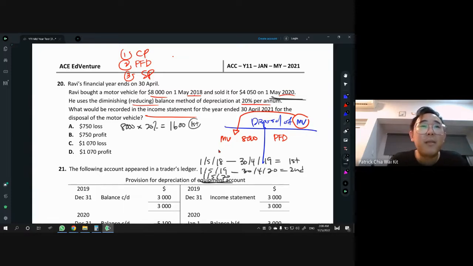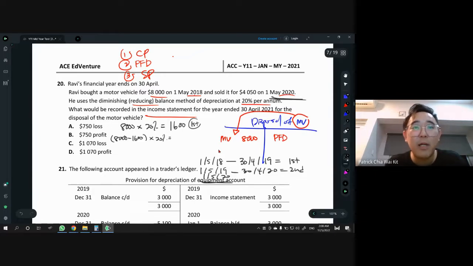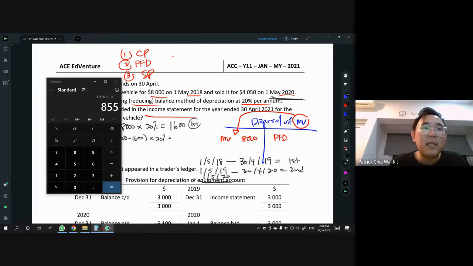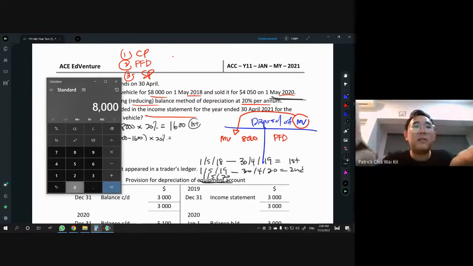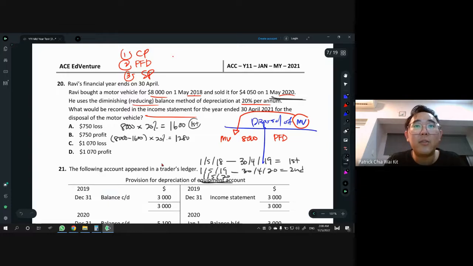Therefore, second year is 8,000 minus 1,600, then only you times with 20%. This one is a bit troublesome, need to calculate like that. So take the calculator, 8,000 minus 1,600, and then you times with 20%. So you get second year is 1,280. So this is our second year.